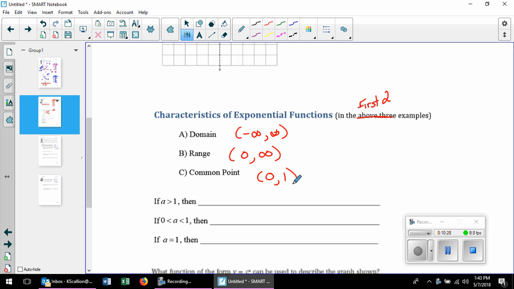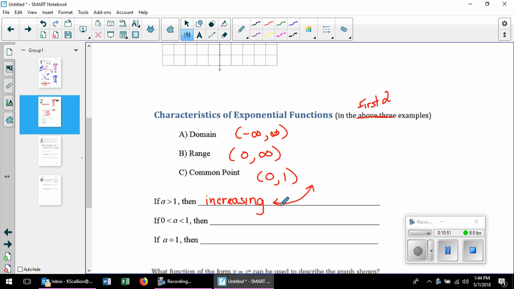Okay, so if A is greater than 1, that's with the first example. What kind of graph do we get? It's an increasing function. So we're going to get a graph that goes like that.